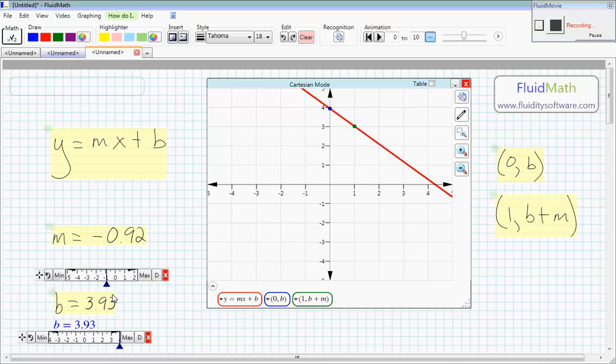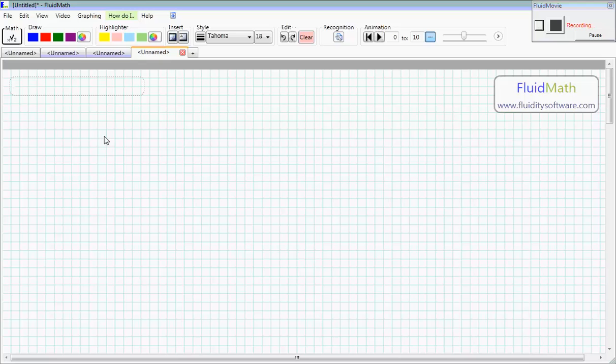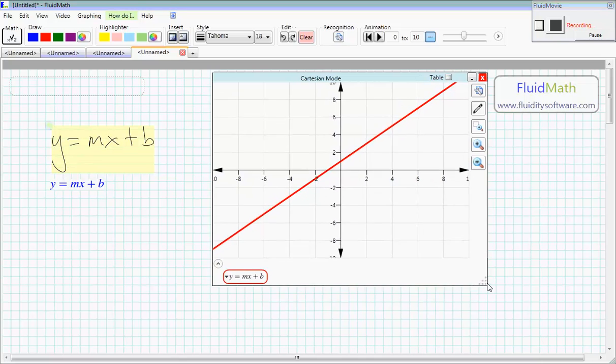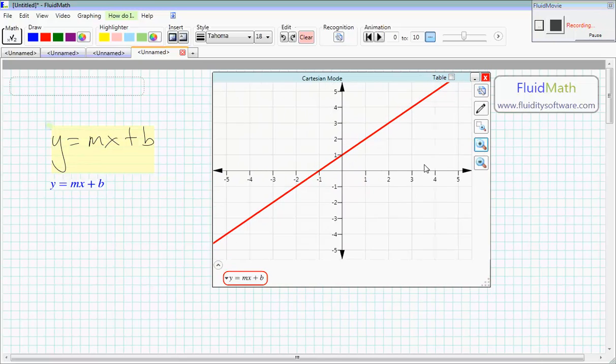Okay, let's look at one other version of this. Create a new tab here. So y, again, equals mx plus b. This is the slope-intercept form of the line. Let's create a graph for that. And zoom in a little.